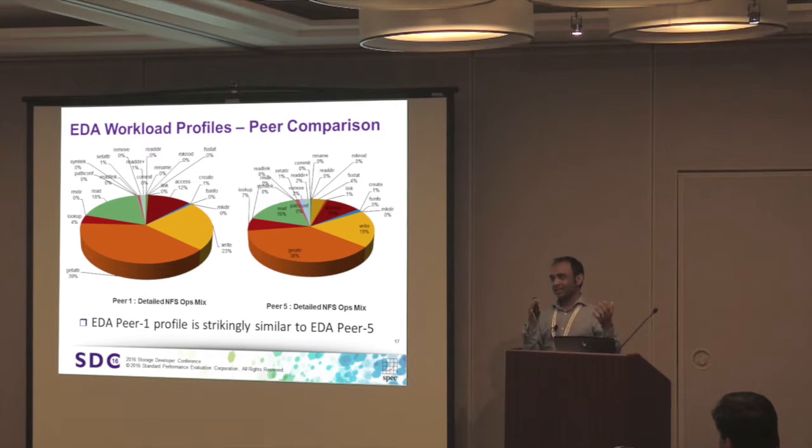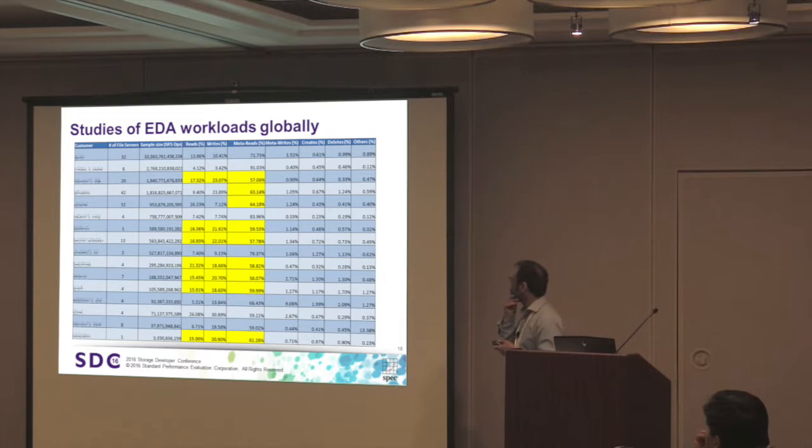Now you're getting into the noise level difference of 5%, and you can start claiming that it's 60 to 65% metadata, 15 to 20% reads, 20 to 25% writes, right? And so let's tabularize them.